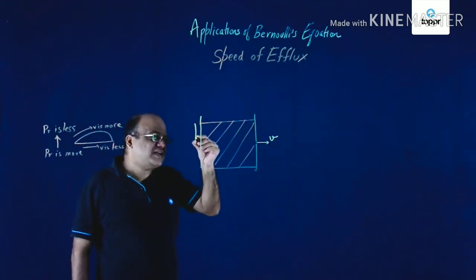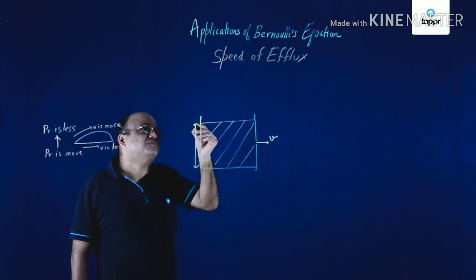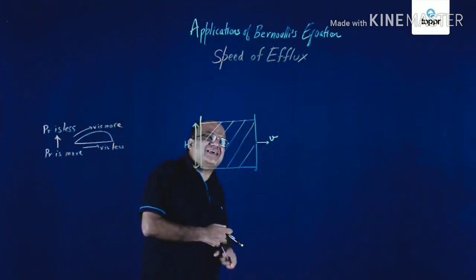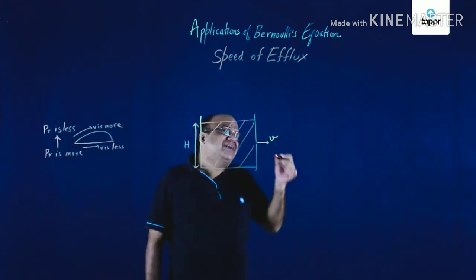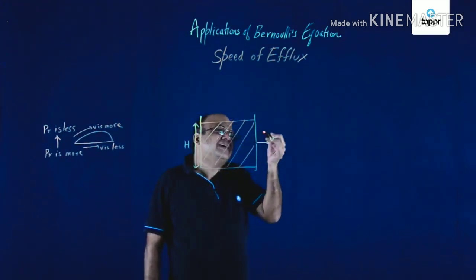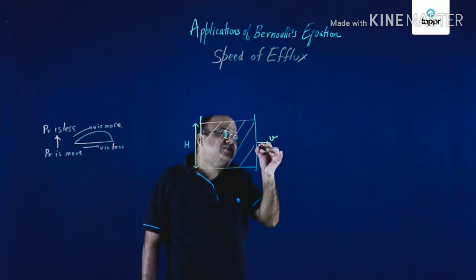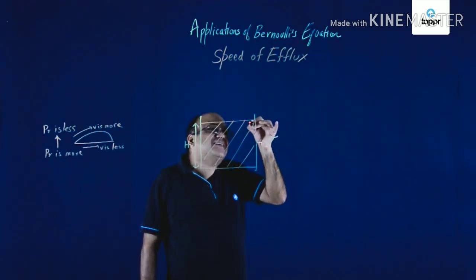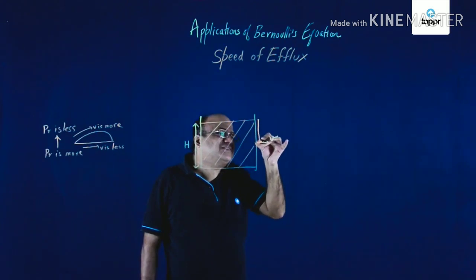Suppose the height of the tank is capital H and the height of this hole is small h. Let us call this h.